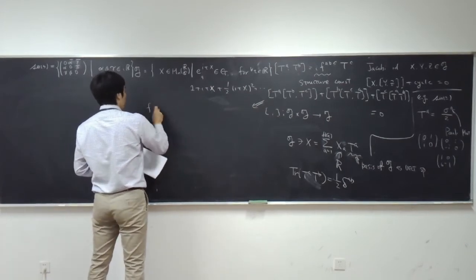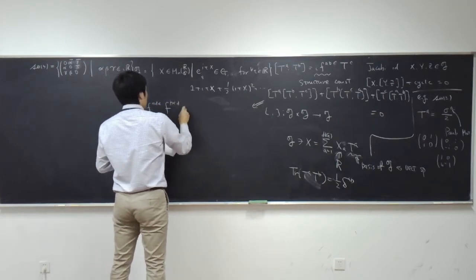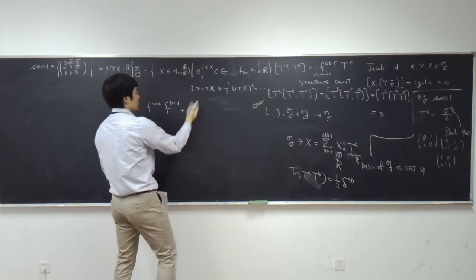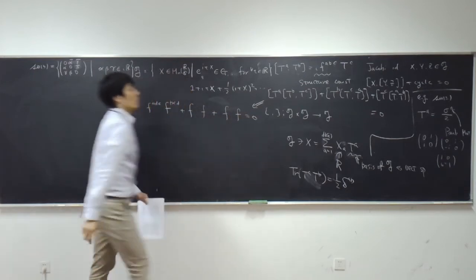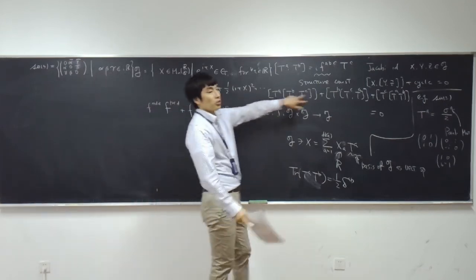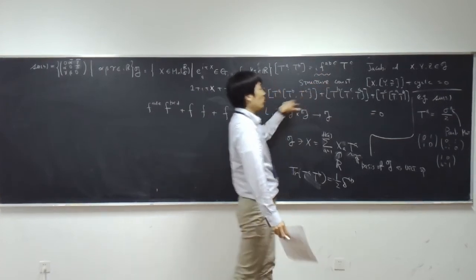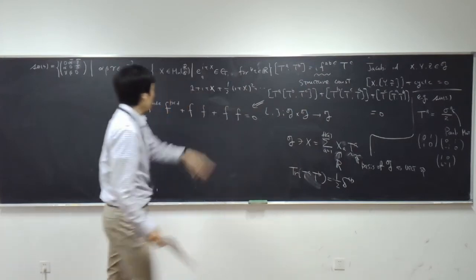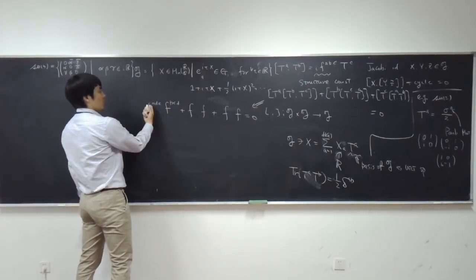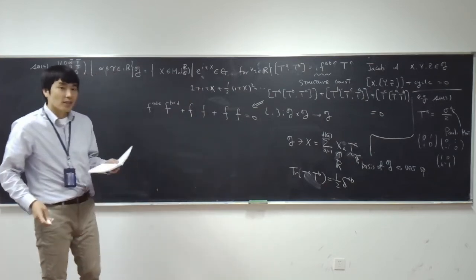It's very easy. f_ade f_bcd plus cyclic permutations is equal to 0. So one can just rewrite this Jacobi identity in terms of structure constants.